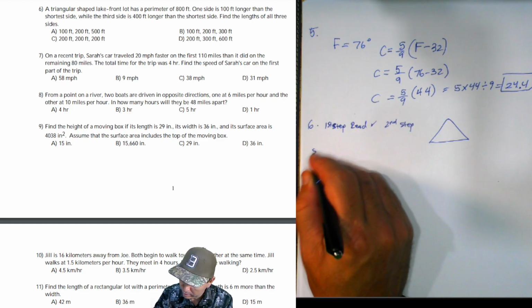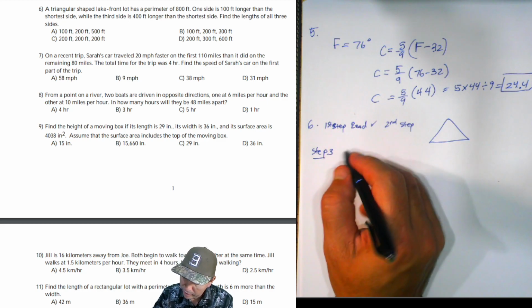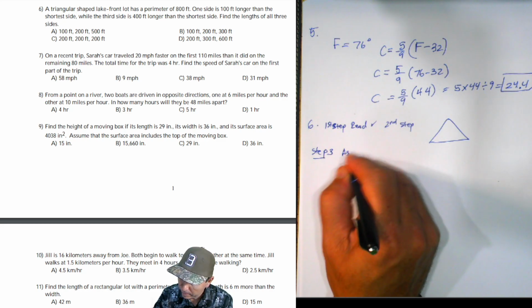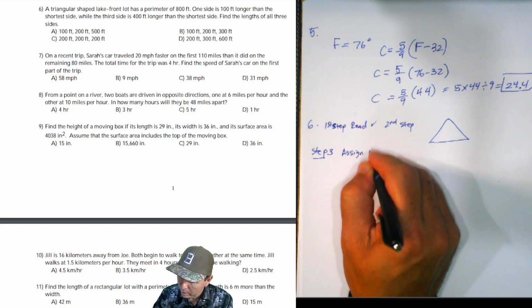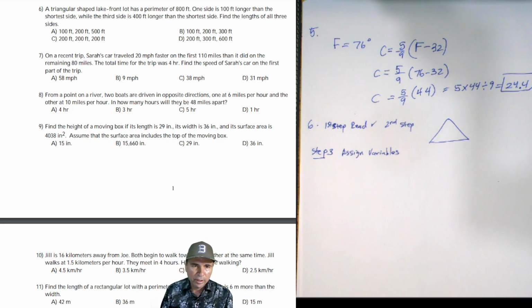Step 3. What do we do in step 3, guys? We assign variables. And in this case, we have just basically whatever letters we want. We don't even have a first name for these things. We just got sides, right? It says that the perimeter is 800 feet.